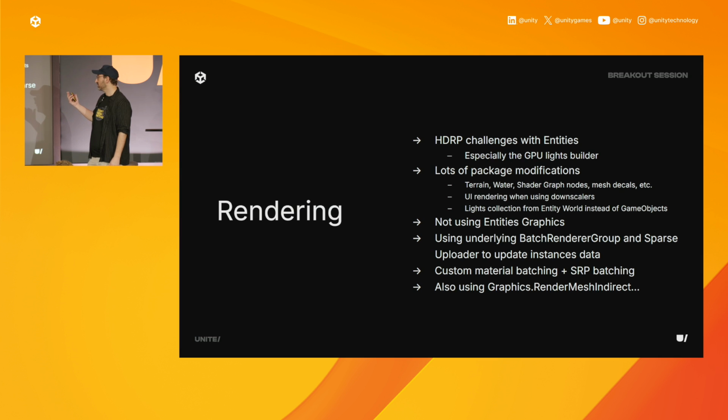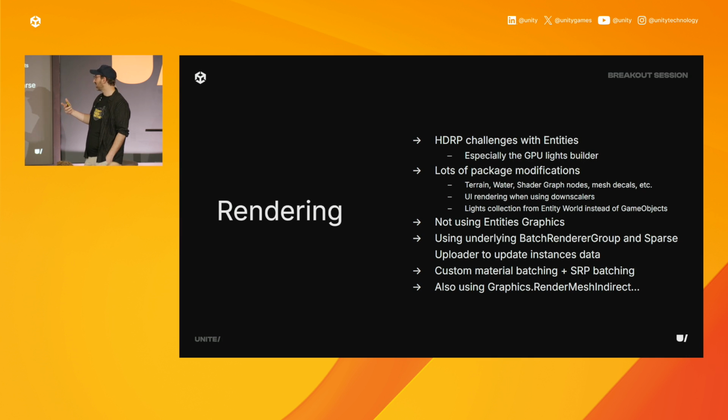Other than that, we don't use Entities Graphics, which was formerly known as the Hybrid Renderer. Again, for the same reason: it appeared later, so we already had some sort of solution for it. At the time, the underlying system that Entities Graphics uses is the BatchRendererGroup, which you may have heard about in some other talks earlier and in the keynote as well.